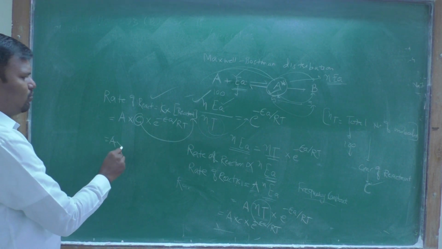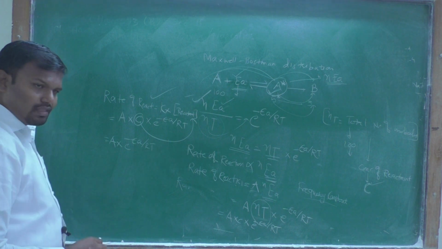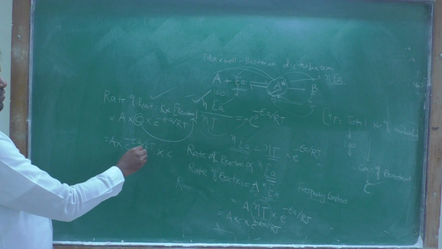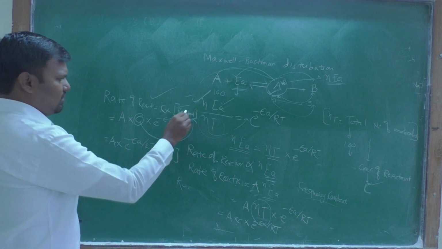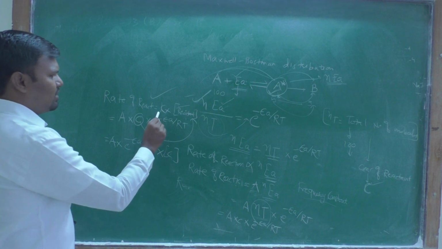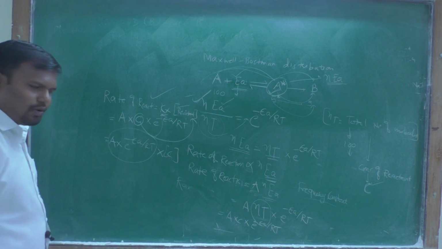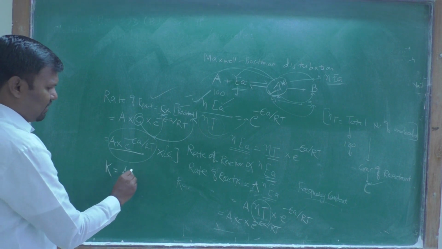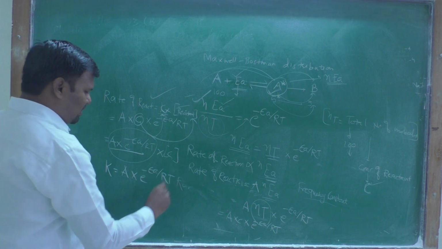So K is the rate constant. Therefore K is equal to A into e raised to minus Ea upon RT.